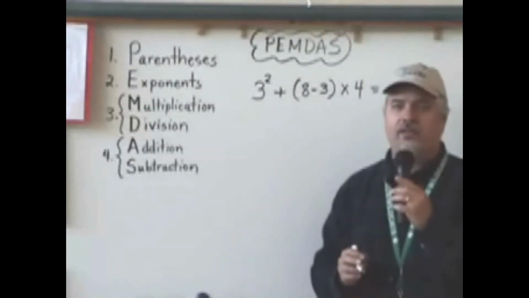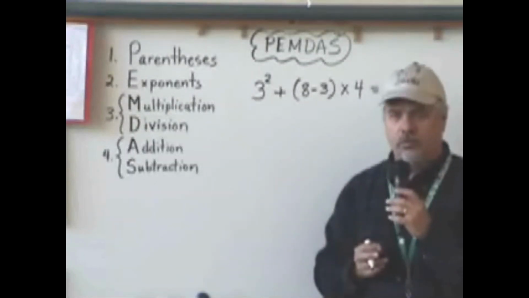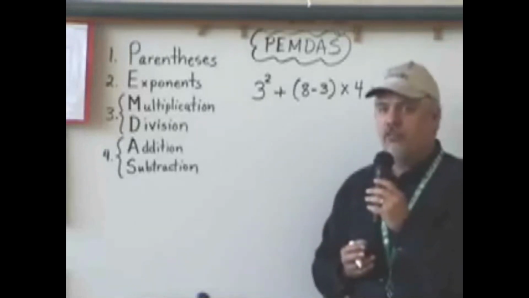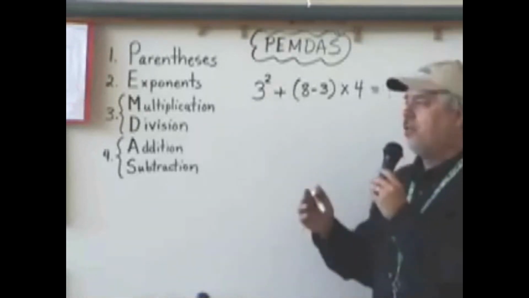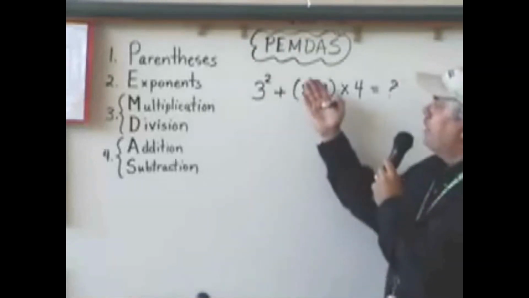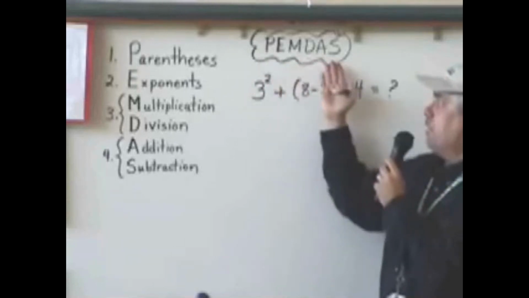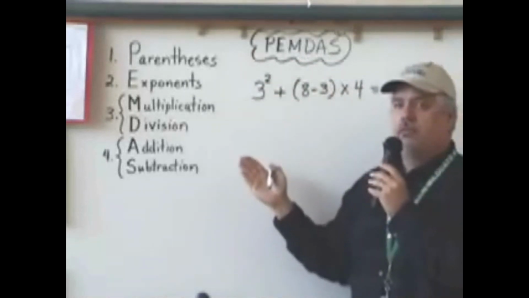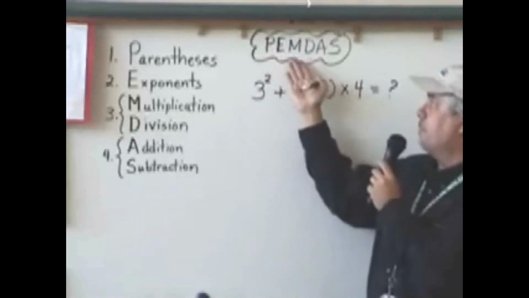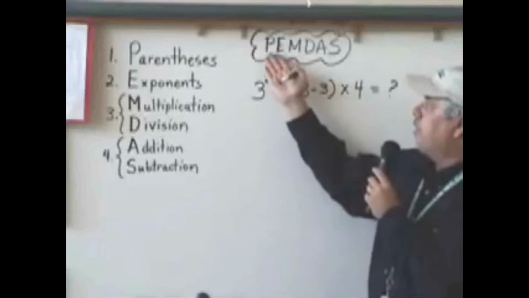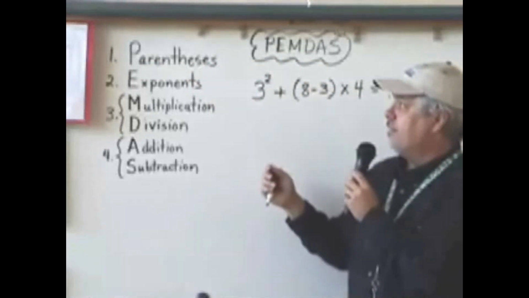Hi. Right now you're going to learn one of the most important rules in math, and that is called the order of operations. We always have to follow this rule in order to solve math problems. If you remember this acronym, PEMDAS, then you will remember the order of operations, because each letter in PEMDAS stands for something that you need to do. P stands for parentheses.